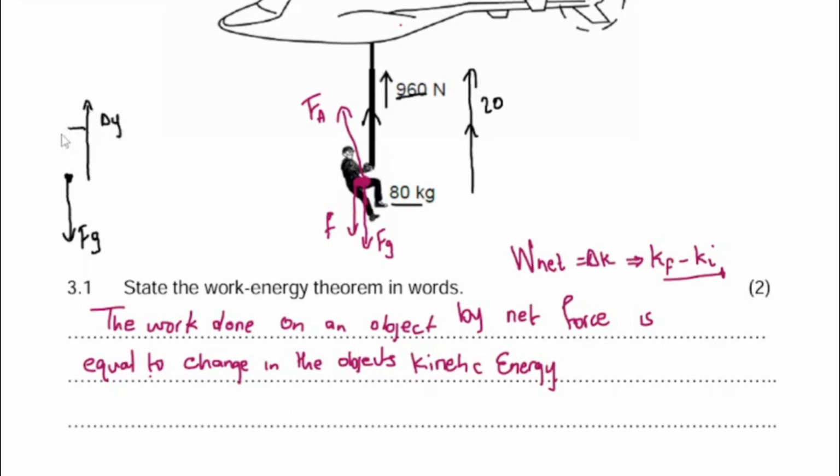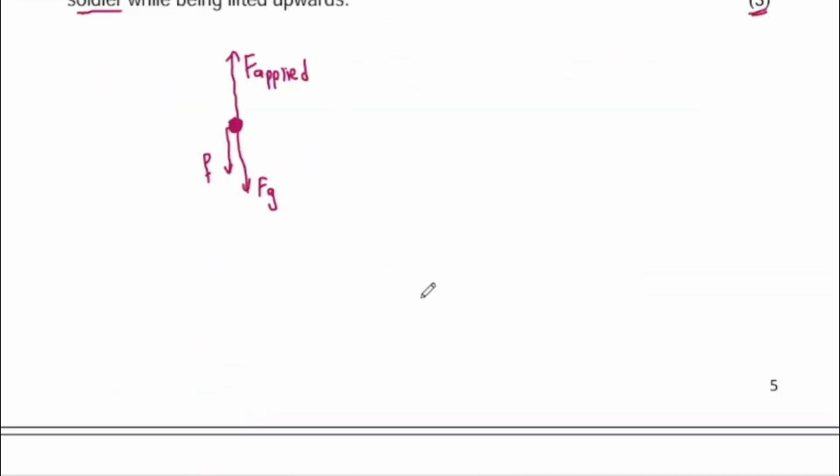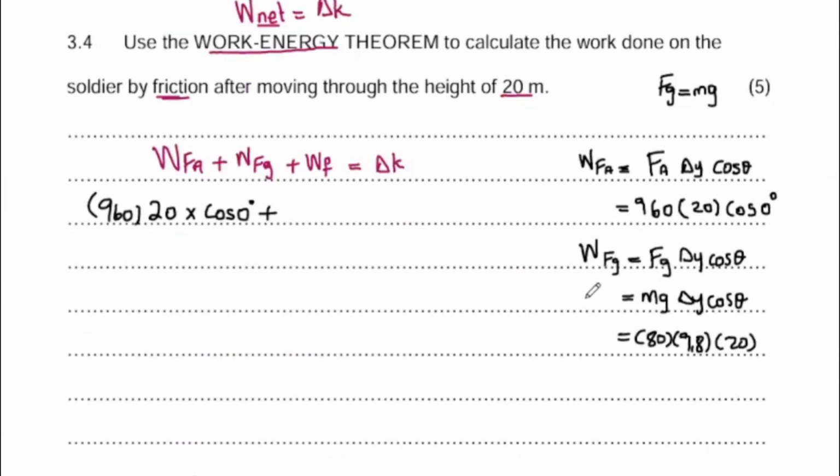So look at the angle. The angle is 180 degrees. If the force is going in the opposite direction to the displacement, just know that the angle between the force and the displacement is 180. So I'm going to substitute that as the cos of 180. I hope you understand how we got that. If we do the substitution, this will be equal to what?